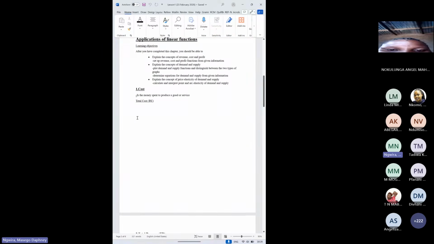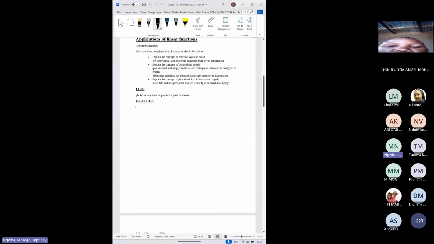All right, we're going to start with the cost function. So the total cost is equal to your variable cost plus your fixed cost.